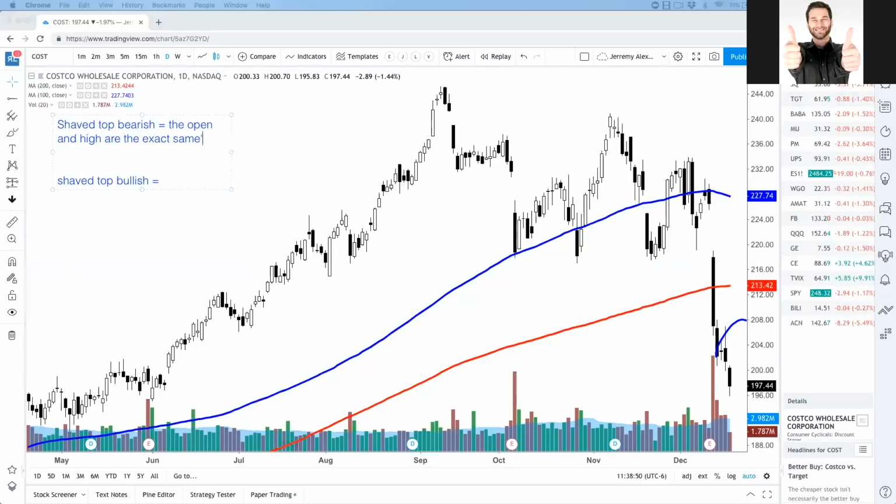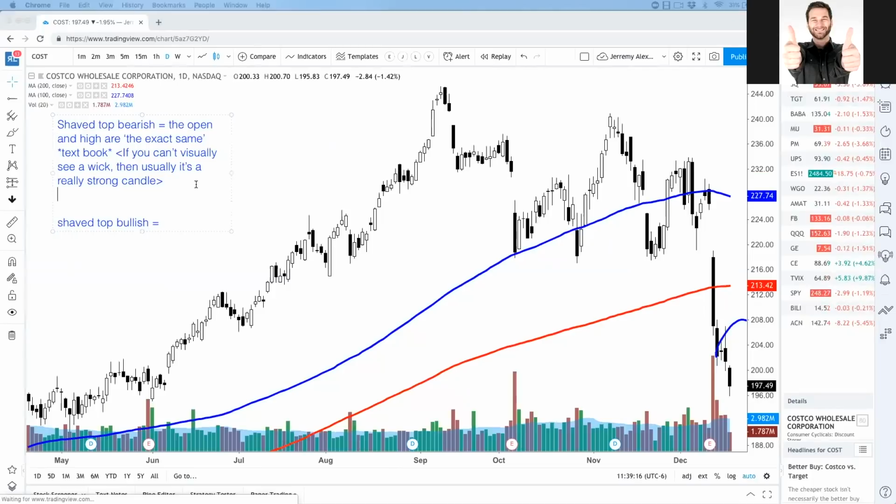To be textbook, shaved top and shaved bottom candles have to be the exact same. If you get an absolutely perfect shaved top bearish candle, you have the exact same high or low. I will say if you can't visually see a wick, then usually it's a really strong candle.